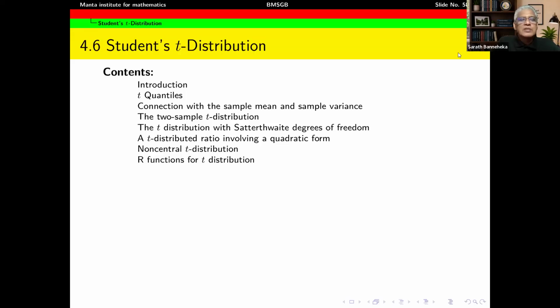This lesson includes a brief introduction to the t distribution and then some theorems and facts related to the t distribution.